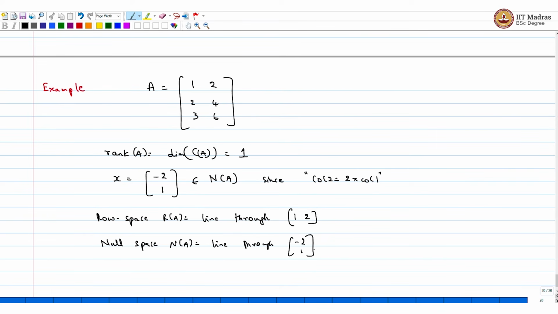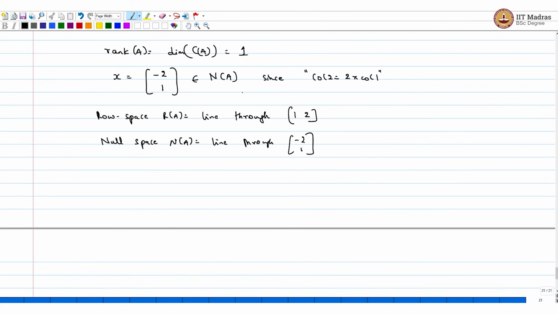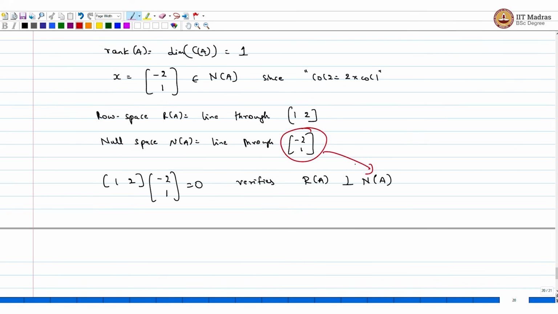Now if I take (1, 2) dotted with (-2, 1), this is equal to 0, and that just verifies that the row space of A is orthogonal to the null space of A, because I took an entry here and (1, 2) belongs here.